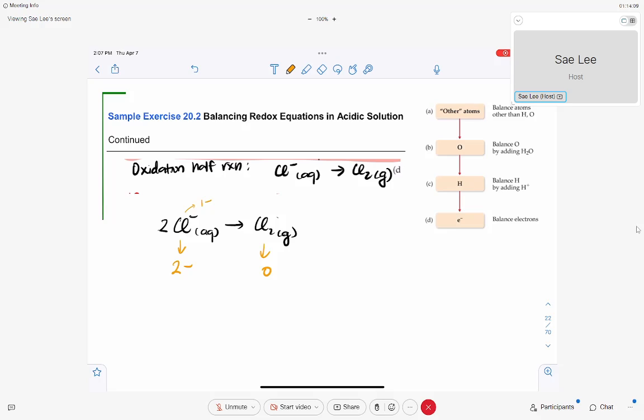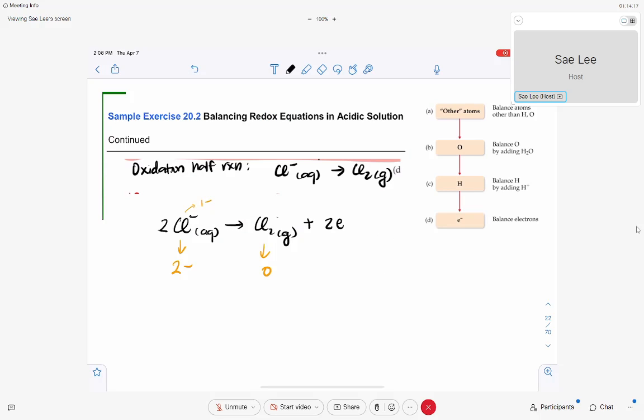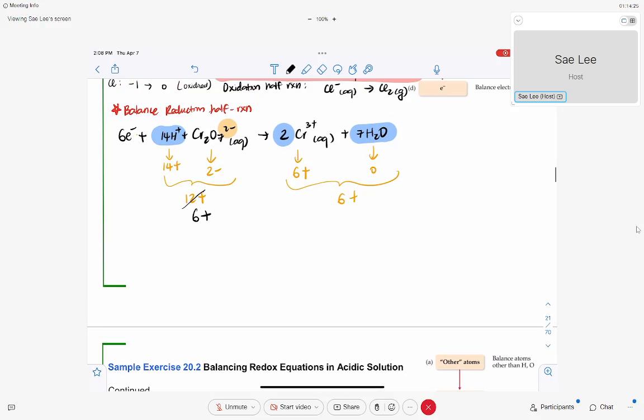In order to balance the charge between left and right side, we need to add 2 electrons on the right side. 2 electrons. So that's that.